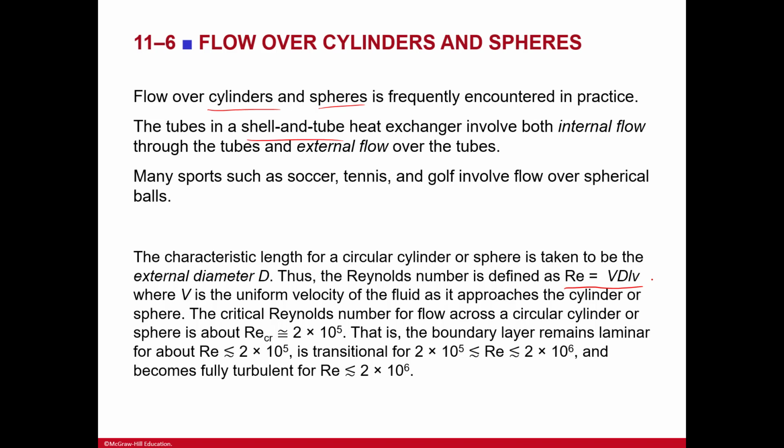The critical Reynolds numbers for flow across a circular cylinder or sphere are about, here's this critical region here, where the boundary layer remains laminar for this, is transitional for this, and then you can see fully turbulent here. So you can see this is that transitional period.